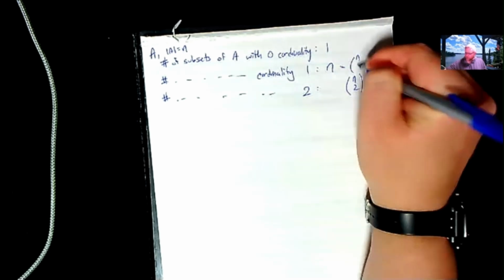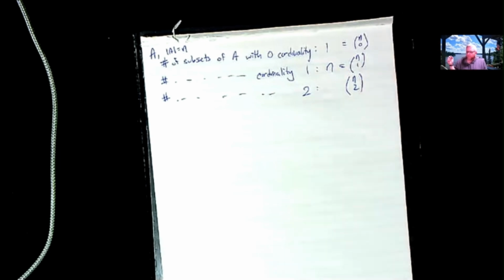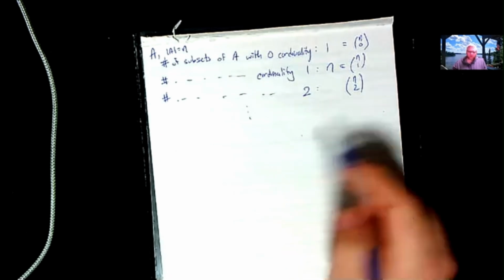And now all of a sudden, you see the pattern. Because this was n choose 1. This was n choose 0. And so if we repeat this pattern all the way down, cardinality 3 is n choose 3, cardinality 4 is n choose 4, and that makes sense.